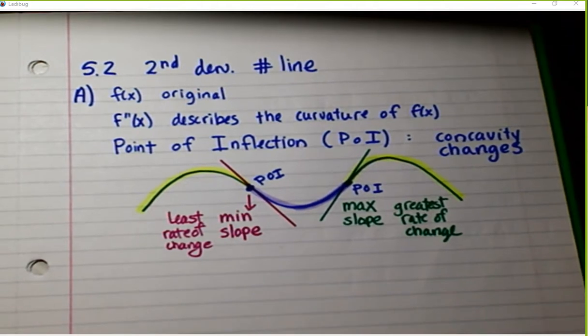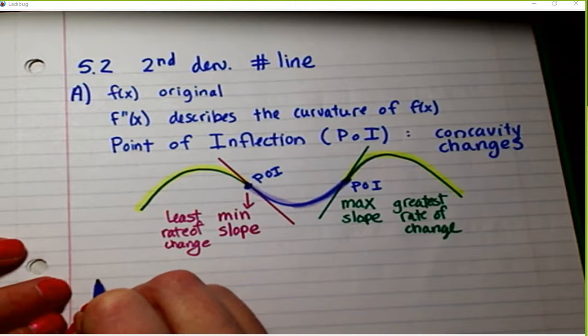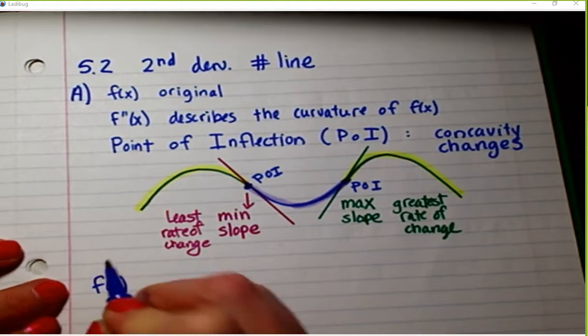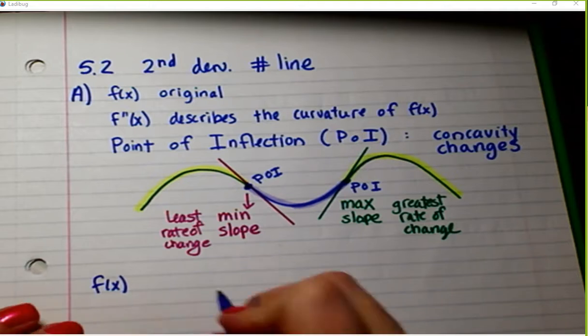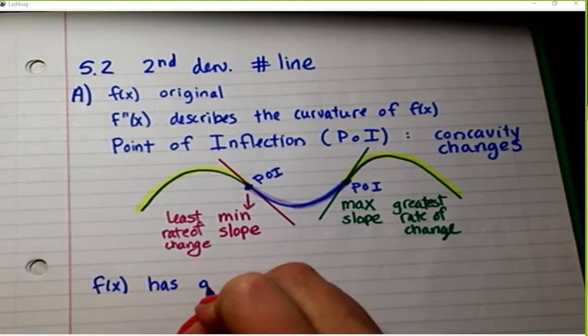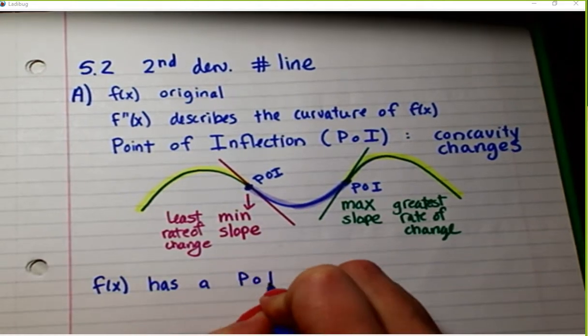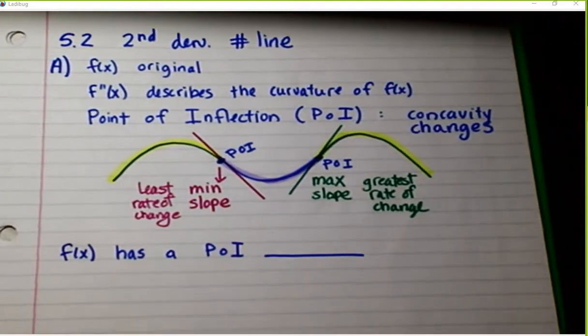So we're going to write 3 sentences, and I'm going to use the picture to help me write that. Okay? So f of x, and I have to have my sentences so that when I get questions, I know what to write to find the answer. F of x has a point of inflection somewhere.